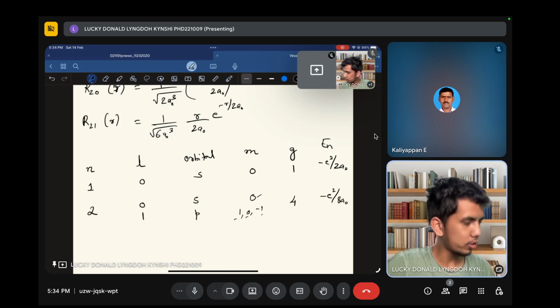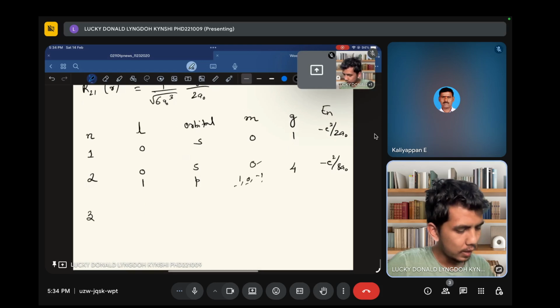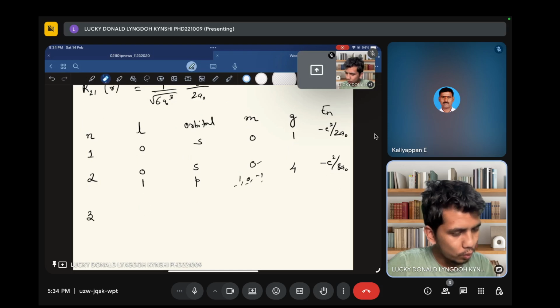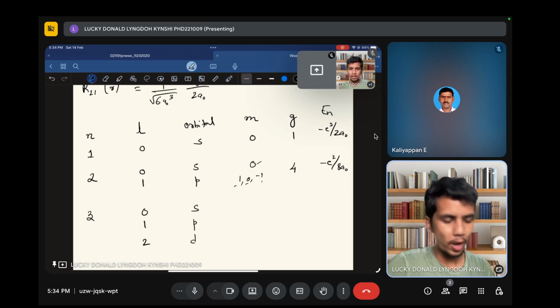A naught. Similarly, when n is equal to 3, L will be equal to 0, 1, 2. And L equal to 0 is s orbital, L is equal to 1 is a p orbital, and L is equal to 2 is a d orbital. So m will be equal to what? 0. And for p, m will be 1, 0, minus 1.